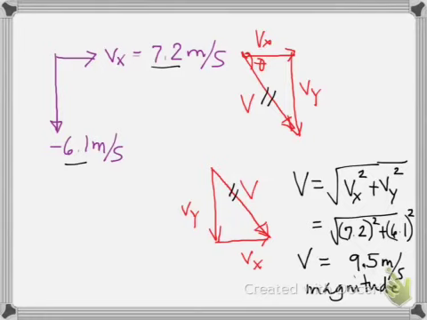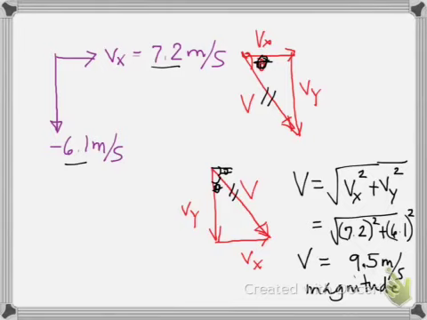And how about the angle? Okay, now if you're going to use this triangle on the bottom, do not use this angle, but use the complementary angle, which is from the horizontal. So this is a better choice because your angle is already with respect to the horizontal.